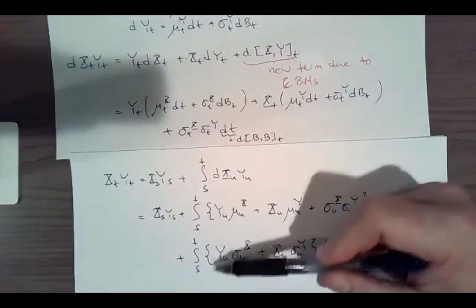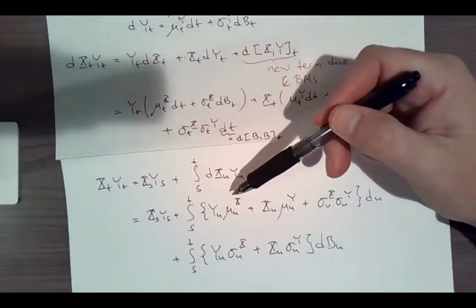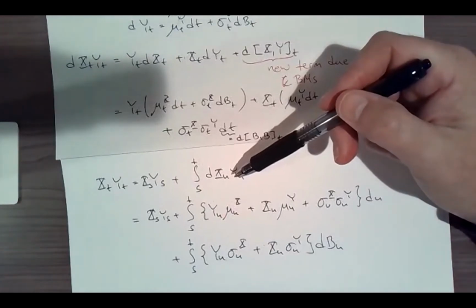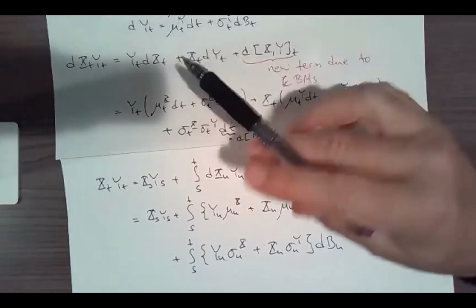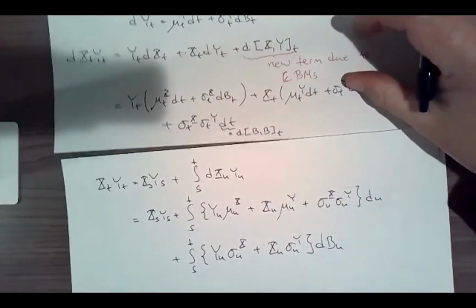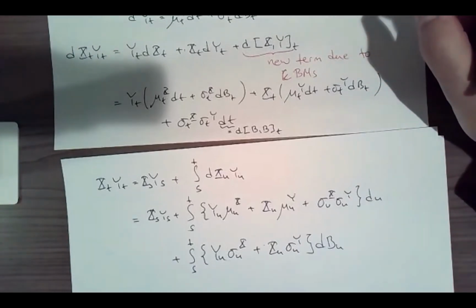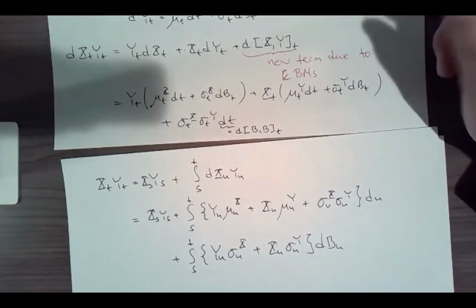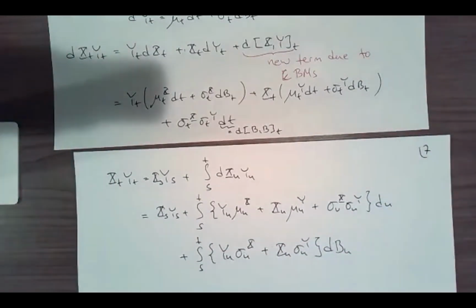I'm not writing this out every time. You see a d on the left-hand side, and what that means is an integral. So we're not taking any derivatives here. To the contrary, we are computing integrals. The derivatives are not defined, but the integrals are. Okay, I understand now. We're integrating these things.